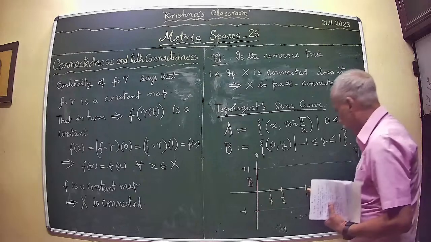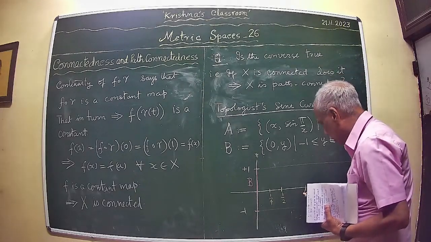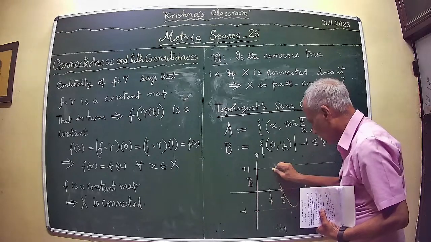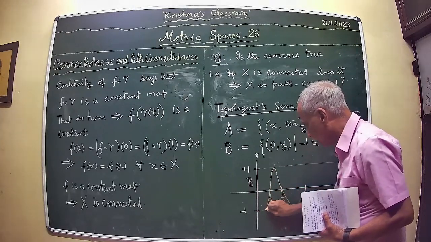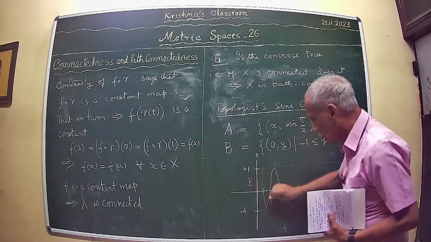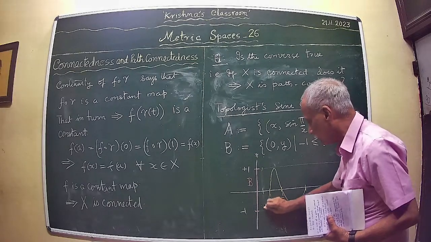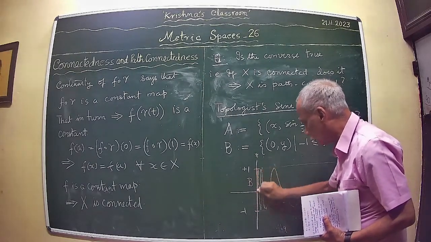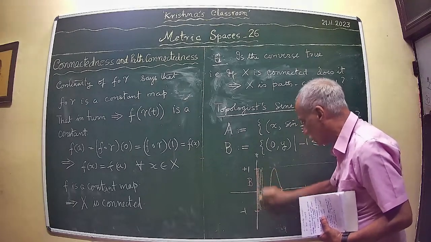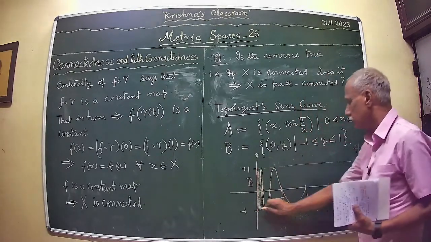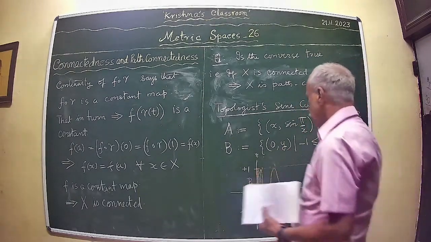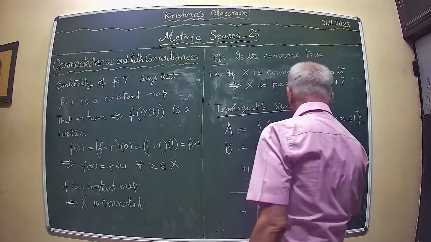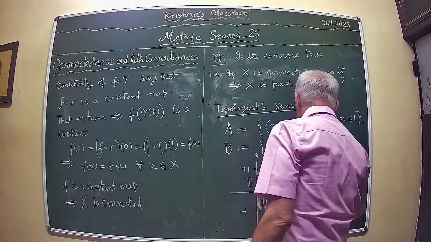So you have a curve going like this. So it will come like this. It becomes very oscillatory here. That is the topologist's sine curve. Okay, this is the topologist's sine curve.